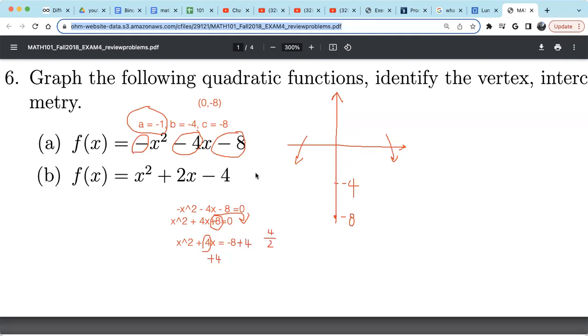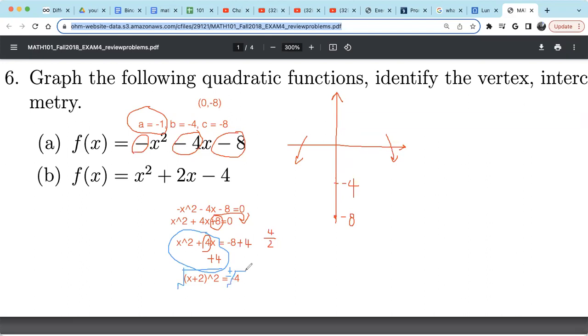So why do I do that? Because with this trinomial, x squared plus 4x plus 4 gives me a perfect square. The perfect square is (x plus 2) squared. Then on the other side, I get -8 plus 4, I get -4. Now I square root. Once I have perfect square on the left-hand side, I square root. When I square root on the right-hand side, I get a positive, negative, 2 values.